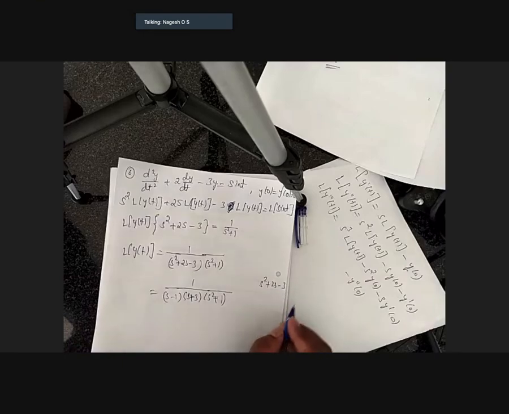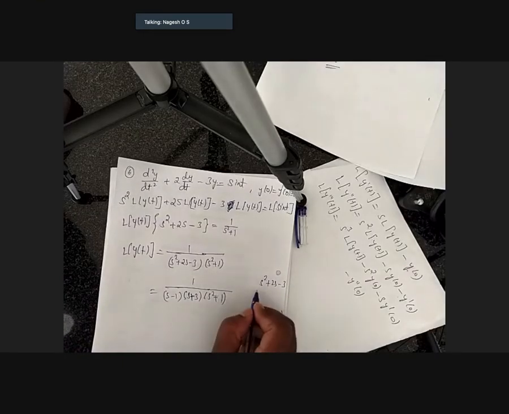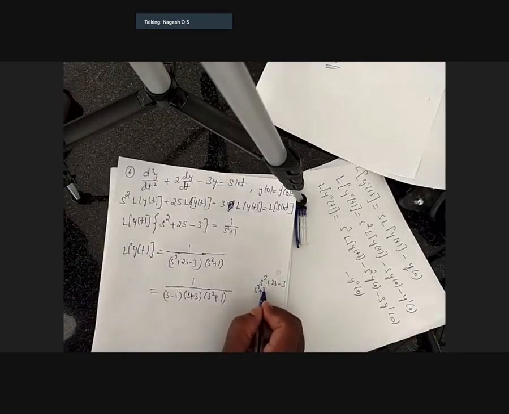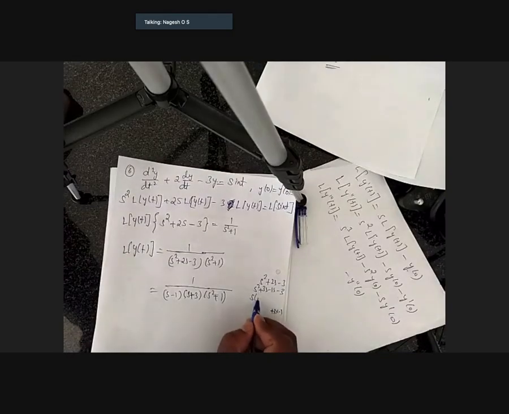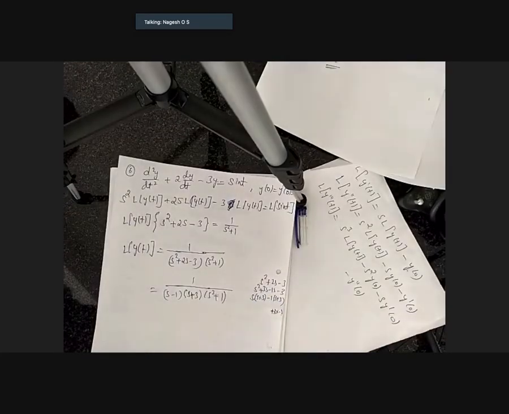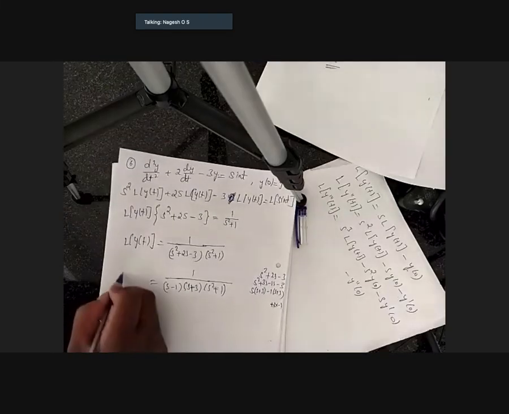If I multiply, I should get minus 3, so plus 3 and minus 1. So s square plus 3s minus 1s minus 3, because if you add these two, you will get plus 2s. Take s common in this, take minus 1 common in this. So s minus 1, s plus 3. Like that, we will write.